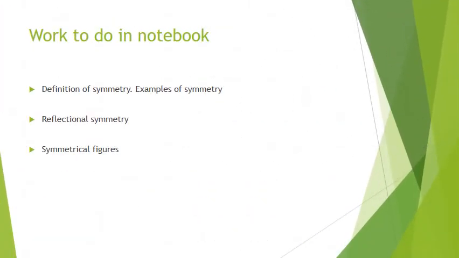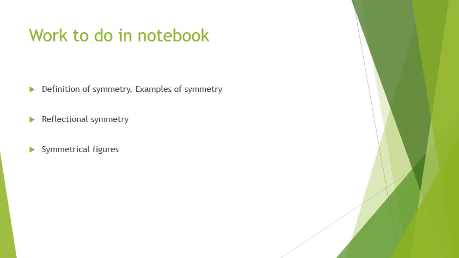Now children, work to do in notebook. You have to start the lesson. You need to write the definition of symmetry which is given in the video, and the example of symmetry that I have given, or you can write your own examples also. Then what is reflectional symmetry, and the symmetrical figures which are given in the textbook.